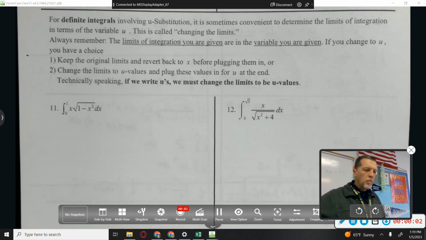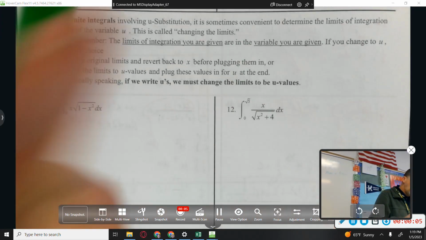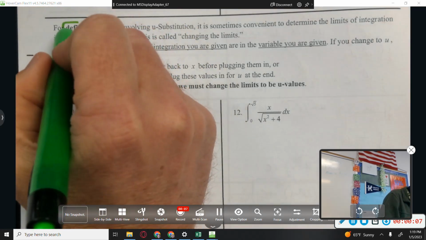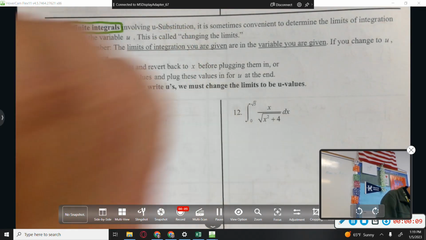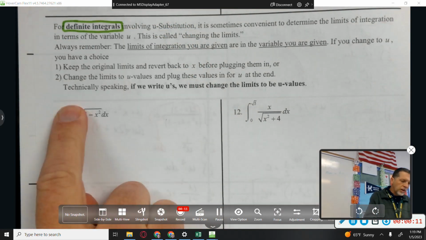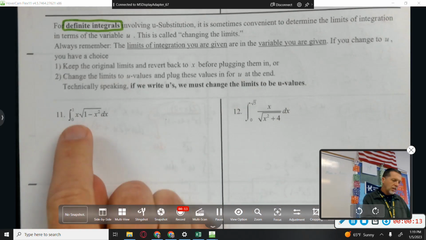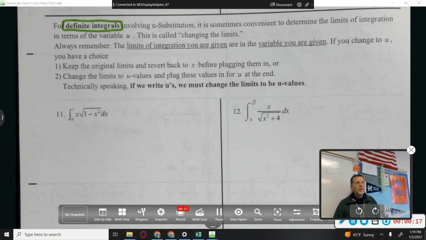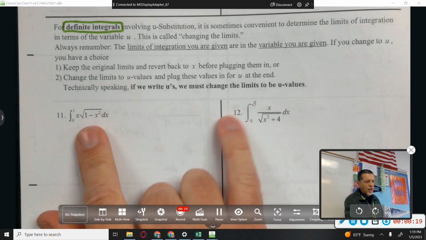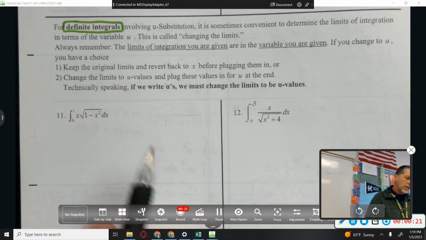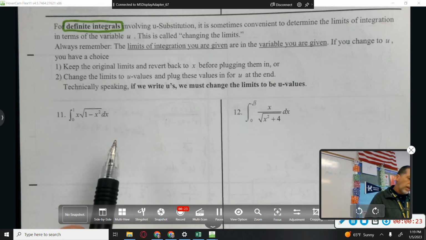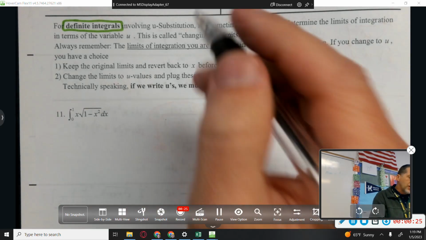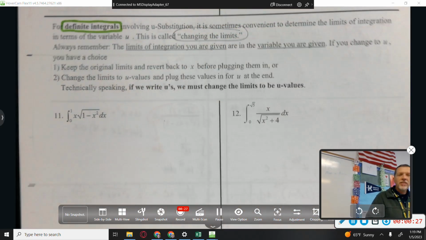So today is more U substitution, but we've switched to definite integrals, meaning there's a number at the top and the bottom. There's a limit from 0 to 1, from 0 to square root of 5. So the bulk of it's the same, but we've got to talk about how we handle those limits. And how we handle the limits is change the limits.